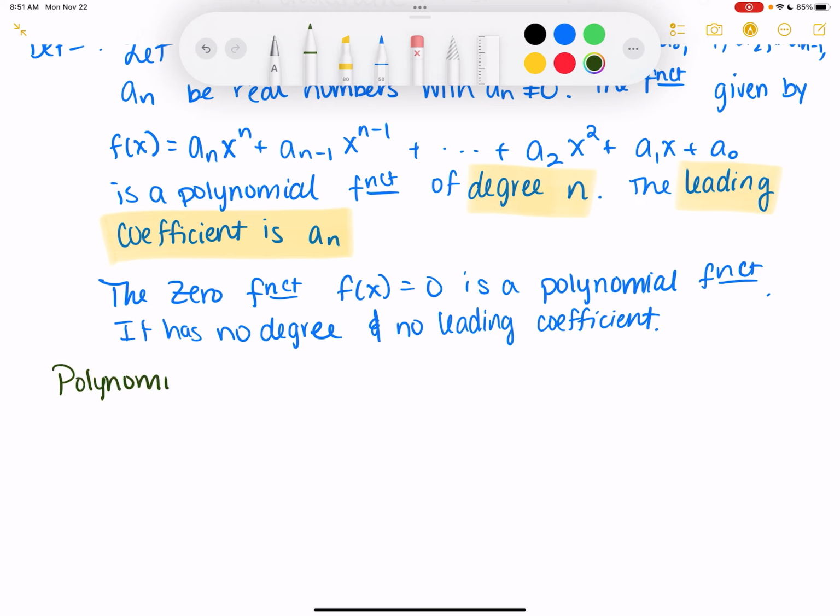Polynomials are polynomial functions of no and low degree.